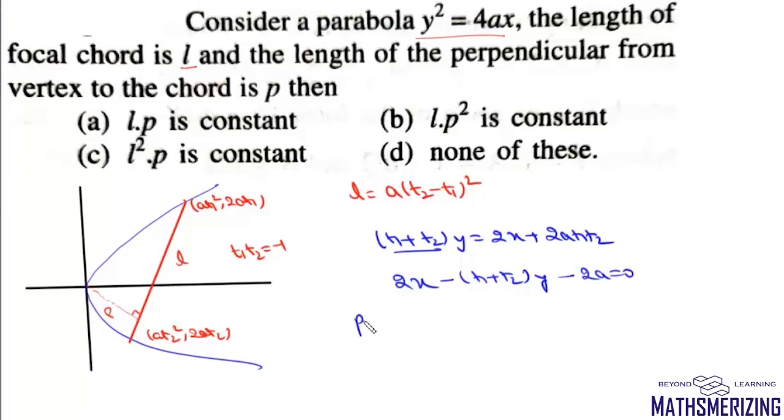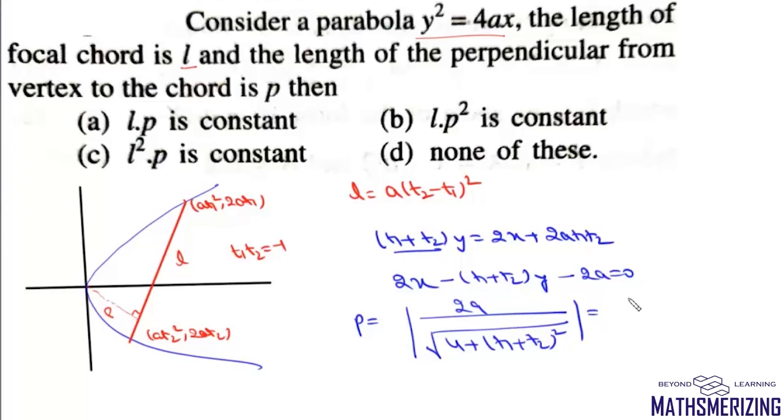So we'll find P. So what is the perpendicular distance from origin? So the perpendicular distance from origin will be 2a upon under root of 4 plus t1 plus t2 whole square.